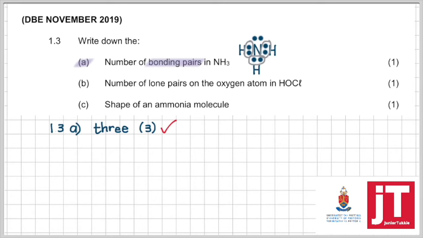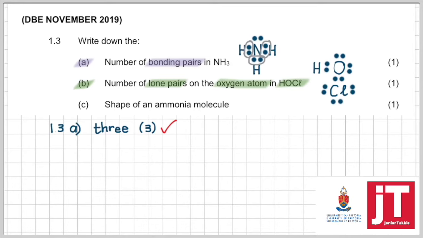For question 1.3b, they want us to write down the number of lone pairs on the oxygen atom in hypochlorous acid. So here in this question, we are going to need the Lewis diagram for hypochlorous acid. So I've copied that down from question 1.2. We can now count the number of lone pairs on the oxygen atom.